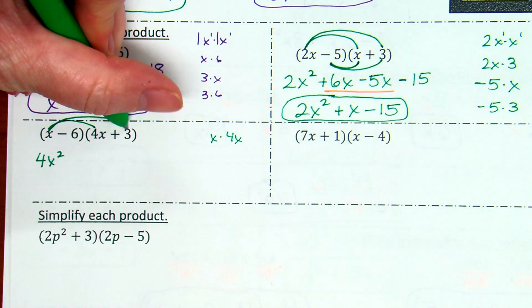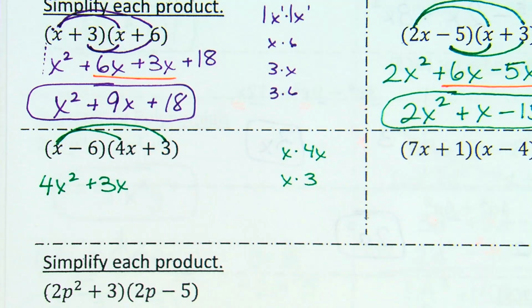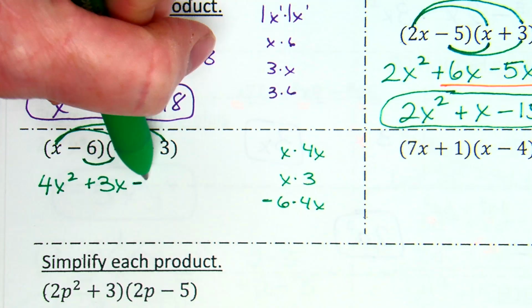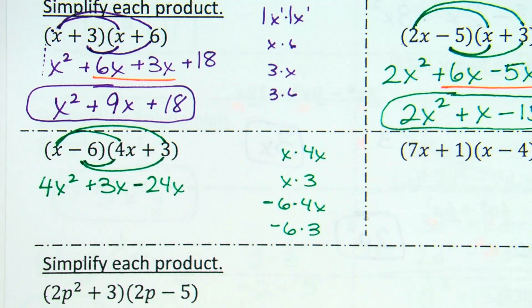Jacob, do you know what I'm multiplying next? That's 6 and 4. And what kind of 6 is this? Negative. Right. So be very careful and realize this is a negative 6 times 4x. Negative 6 times 4x is negative 24x. Good. And lastly, negative 6 times 3, which is negative 18.